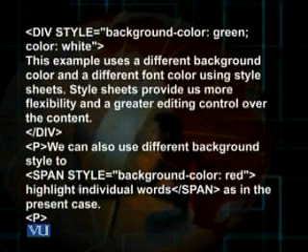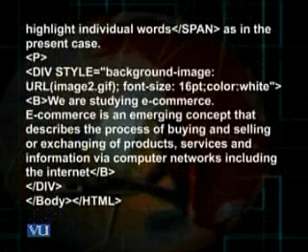Because these three words, highlight individual words, they are contained within the span tag, and I have applied the property background color red. Therefore, these 3 words would be in the red background. And because of the span tag, my continuity would not be broken.